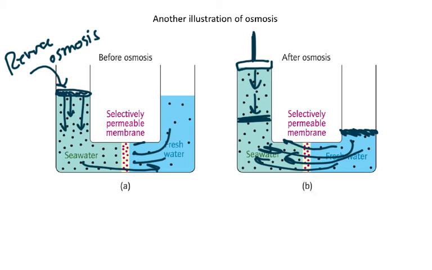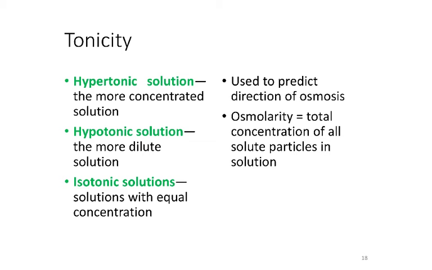I think I promised the definitions here of tonicity. Hypertonic solutions we now know are the more concentrated solutions. Hypotonic solutions are the more dilute solutions. And isotonic solutions are two solutions with equal concentrations. We can use these terms to predict the direction of osmosis and also the direction of dialysis.